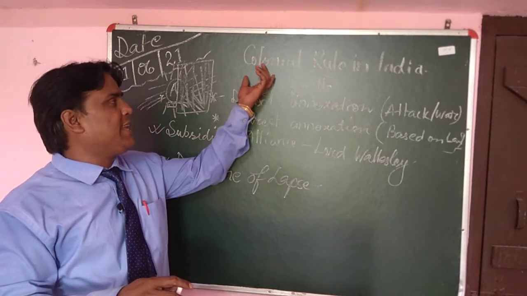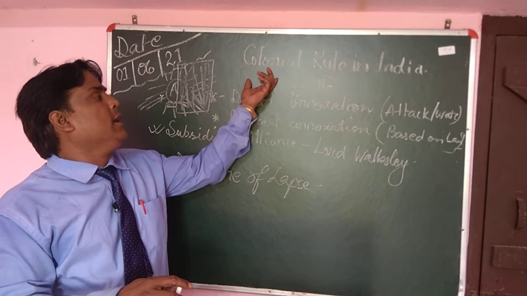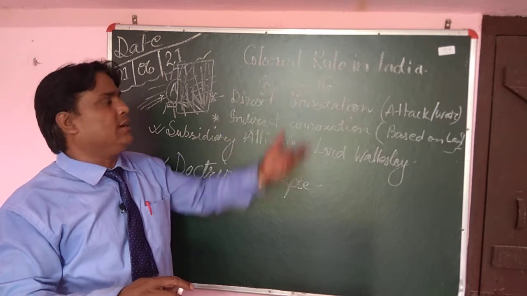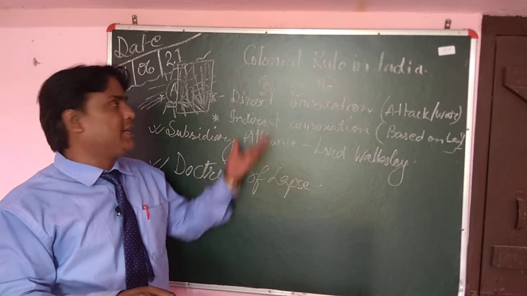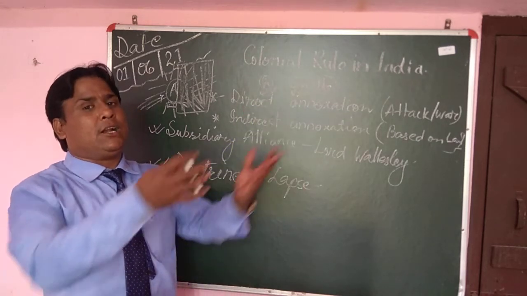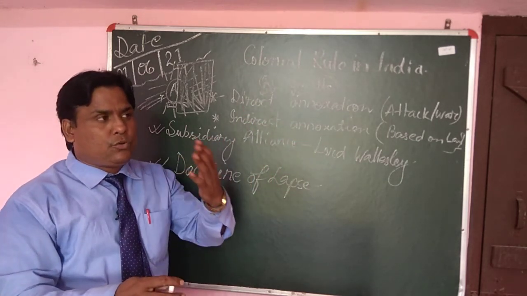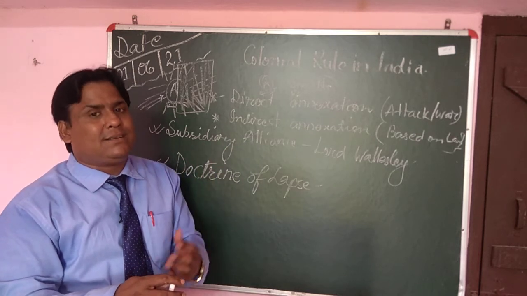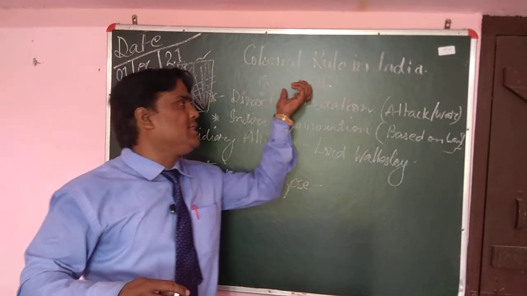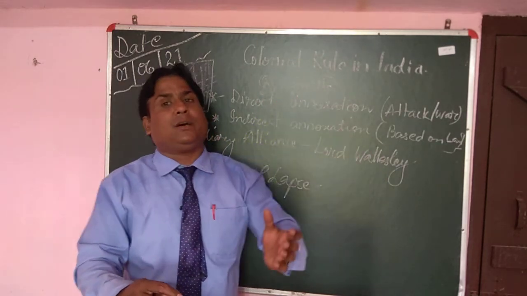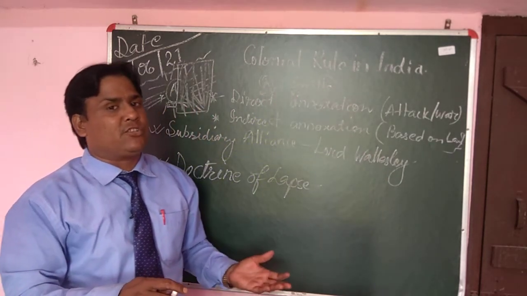The Britishers will take control of this area as this king has no son, and an adopted son will not be entertained. If the king doesn't have any son, he adopts someone to make him his heir, but that heir will not be entertained. The Britishers didn't allow adopting a son and making him the next king.